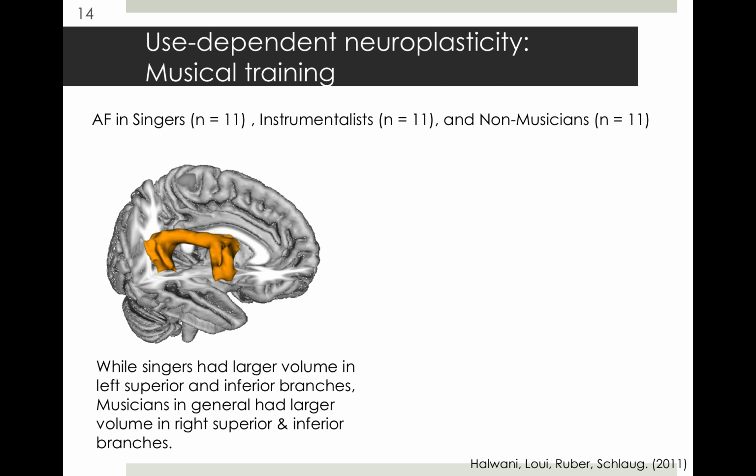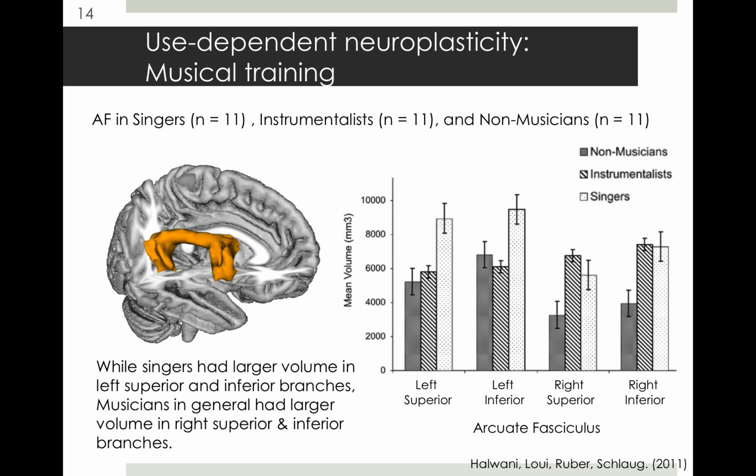This was a cross-sectional study that compared the arcuate fasciculus in singers, people who have voice training, and instrumentalists, like violinists and pianists, who have musical training but not necessarily vocal training. And then non-musicians, people who don't have much formal musical training outside of normal schooling.